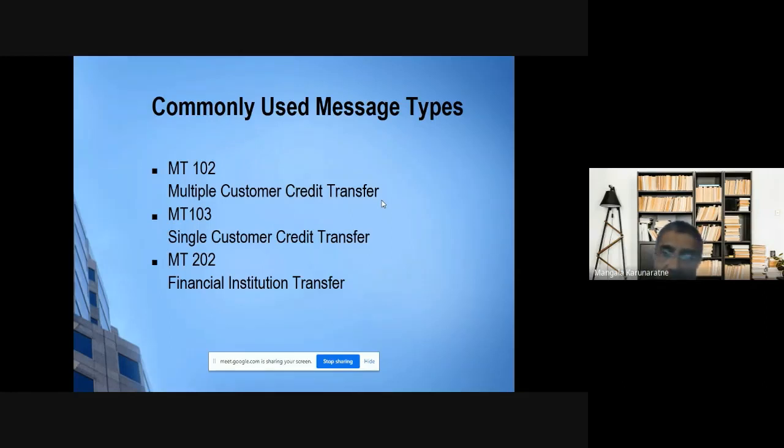So what happens if we miss 103? The 103 cutoff time is 2 o'clock actually. Now these days, of course, these cutoff times change. I don't have to tell you, right? We had to postpone classes also due to this advancement of cutoff times, right? So that is understood. But if we miss, right?